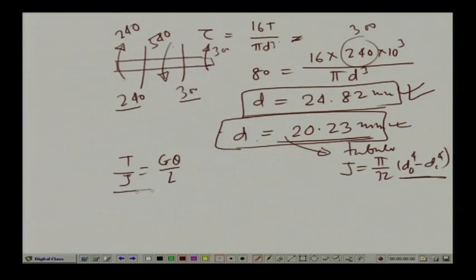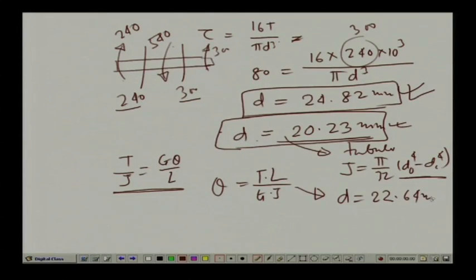Likewise, we compute the rotation theta as equal to T L by G J, and from this, for the solid case, we get d as 22.64 millimeter. Again, for J of the hollow one, keeping theta limited to 4 degrees, we get d as 21.85 millimeter.